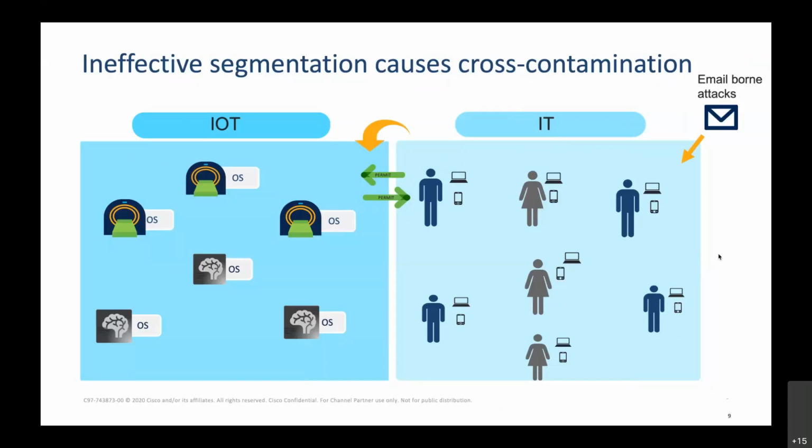And according to the HIMSS study that found this, IoT devices that are running unsupported and outdated operating systems present an even bigger threat when the network is not properly segmented. This just goes to show that without proper segmentation policy, without the ability to profile IoT devices, an attack such as an email-borne attack, which are very frequent and very common, can lead to cross-contamination and a lot of issues in the network if we're not segmenting it properly.